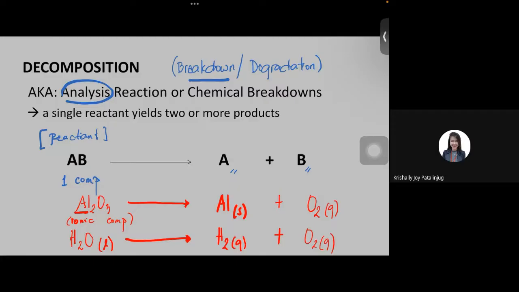Okay. Now a simple type or subtype of decomposition reaction is combustion. Maybe you are familiar with this type of chemical reaction. Combustion, again, is a type of chemical breakdown of substances, although this is specifically an organic type of reaction.